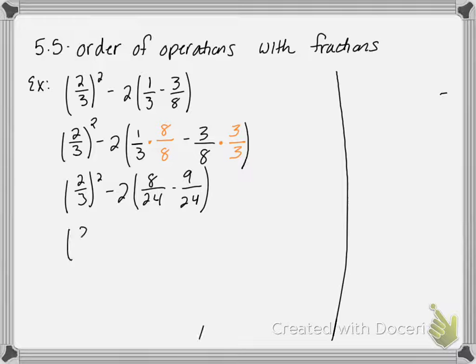So then again, subtract those and then assess where you are at. Grayson, thoughts on next move? 2 times negative 1 over 24.